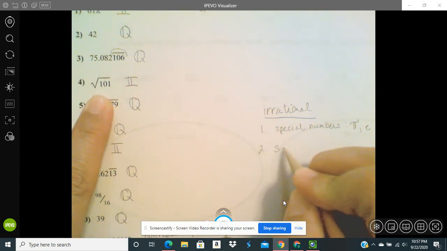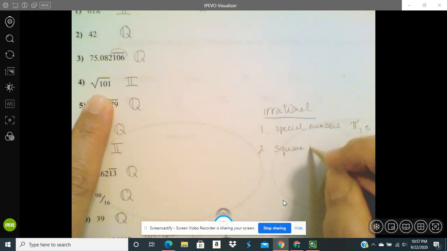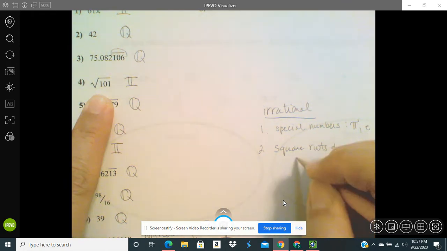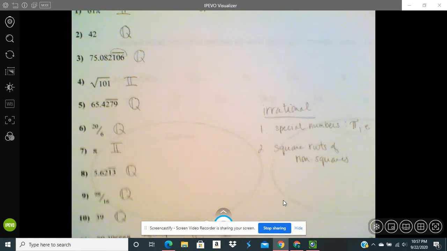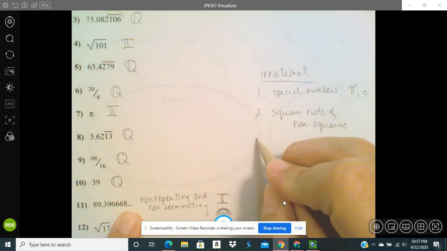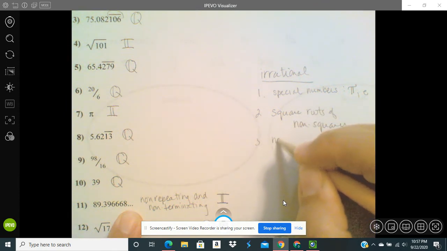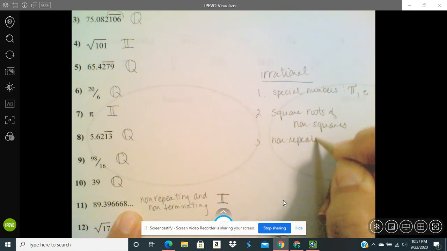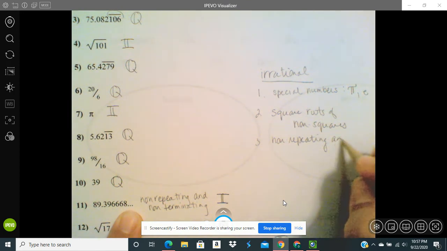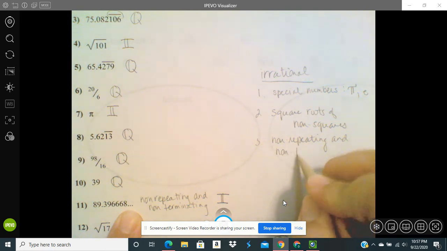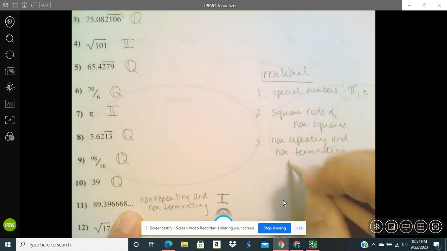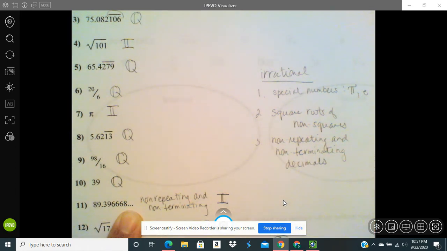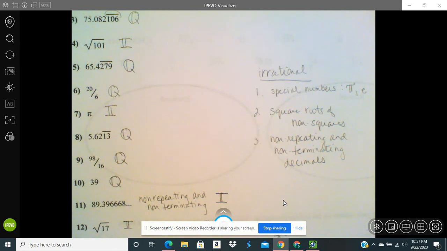Right here, we have square roots of non-squares. And then we have non-repeating and non-terminating decimals. And that's everything you need to know about identifying rational and irrational numbers.